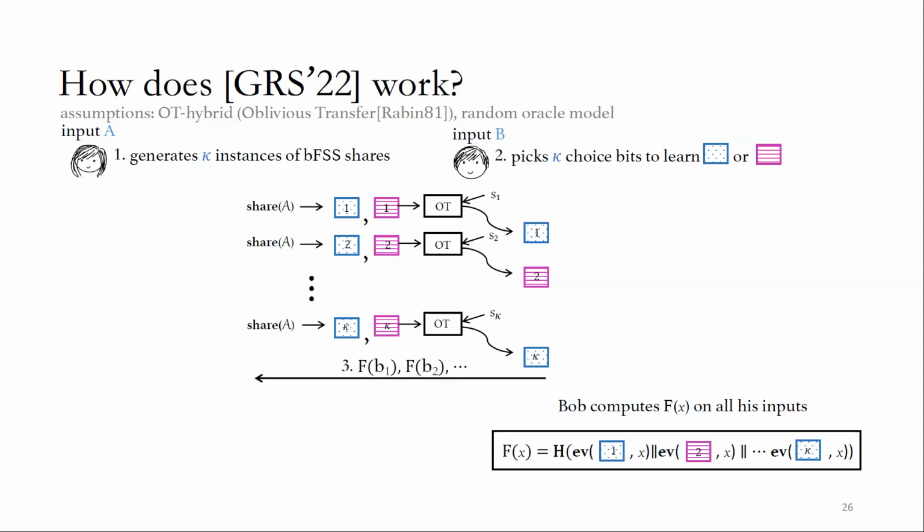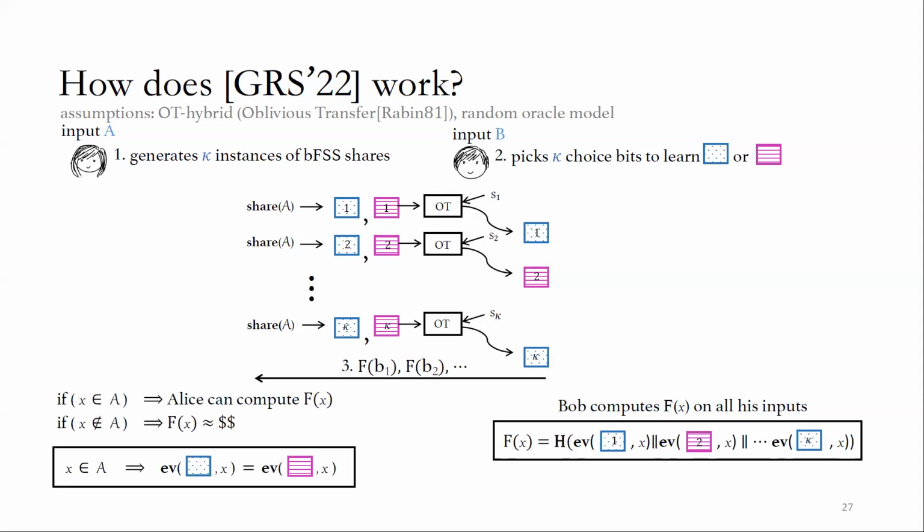Alice. Now, from Alice's perspective, Alice can compute this function f only when her point lies within this structure set. And this comes from the property of the FSS scheme. Because whenever a point is within the structure, it doesn't matter whether you're evaluating on the blue share or the pink share. It gives you the same result. But whenever a point lies outside her chosen set, then this f function looks random to her.